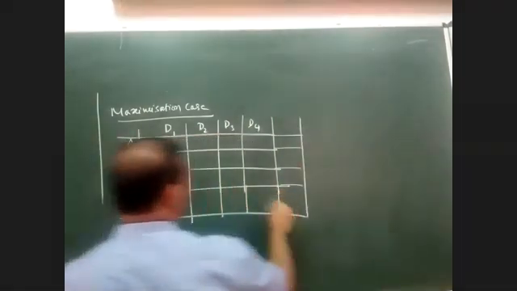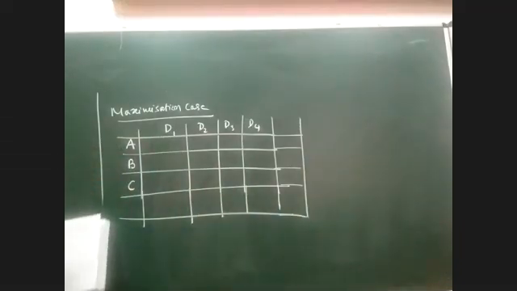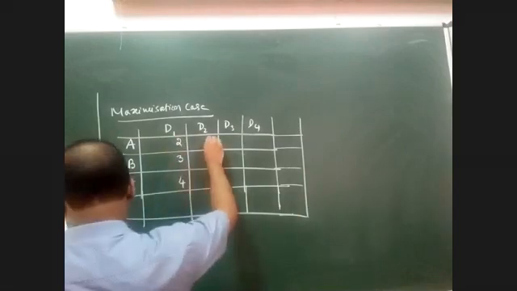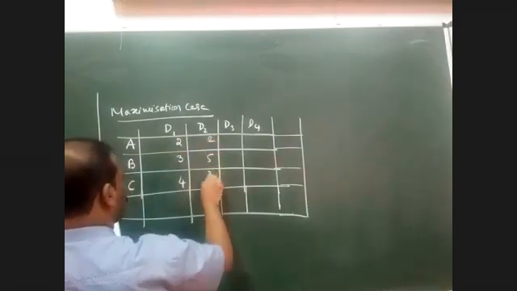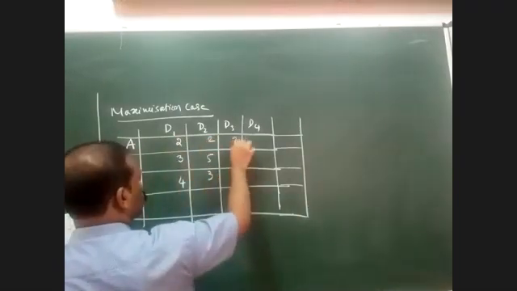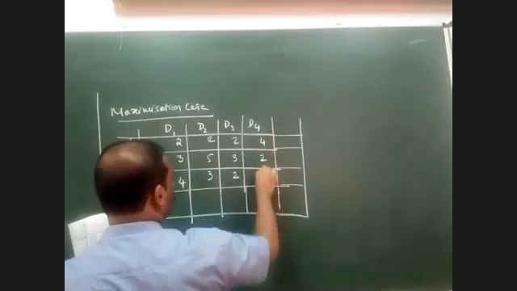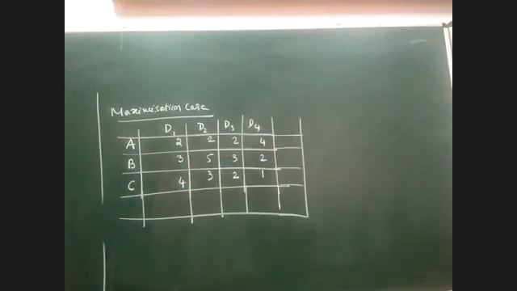First, let me write down the question here. The values are given as 2, 3, and 4, and this is 2, 5, and 3, and this is 2, 3, and 2, and the last, D4, is 4, 2, and 1. This is the data given to you.